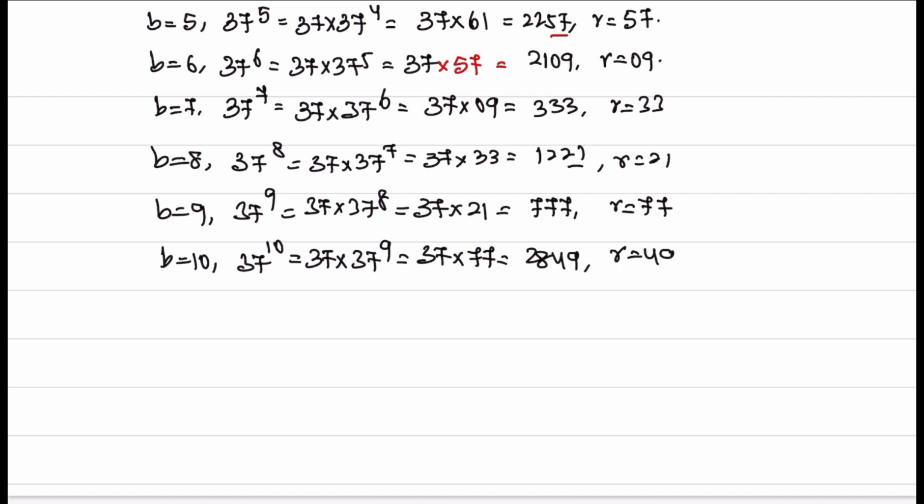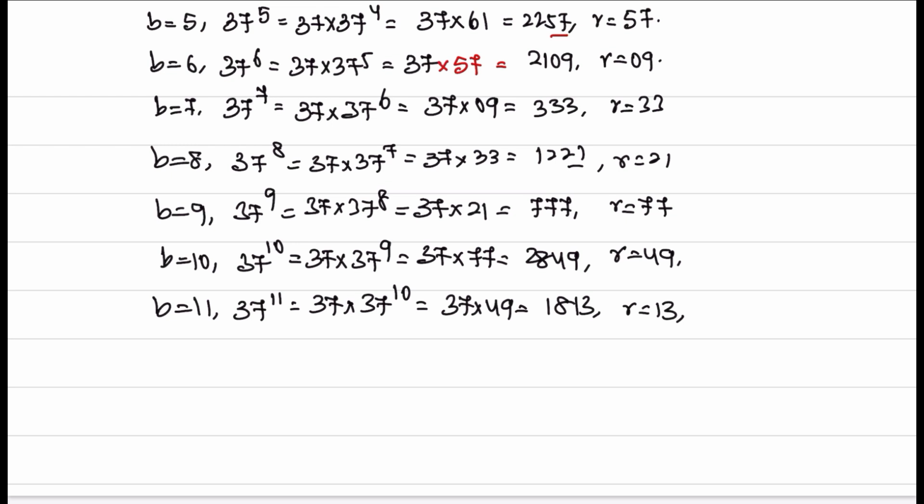Remainder is equal to 49. b is equal to 11. 37 to the power of 11 is equal to 37 into 37 to the power of 10, that is 37 into 49, which is equal to 1813. Remainder is equal to 13.